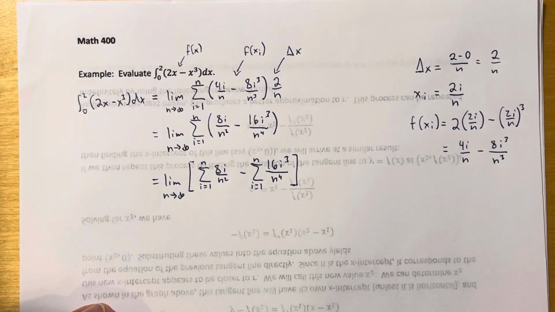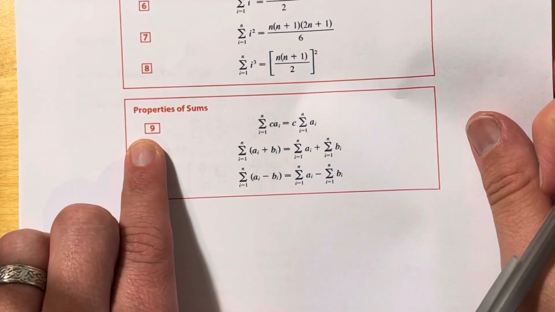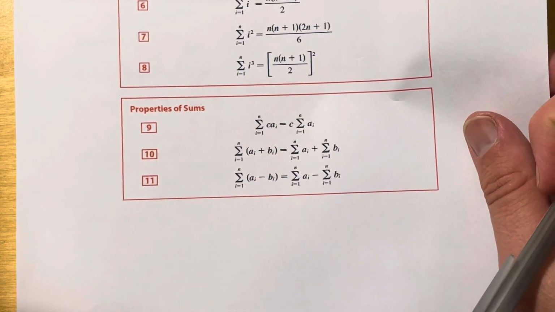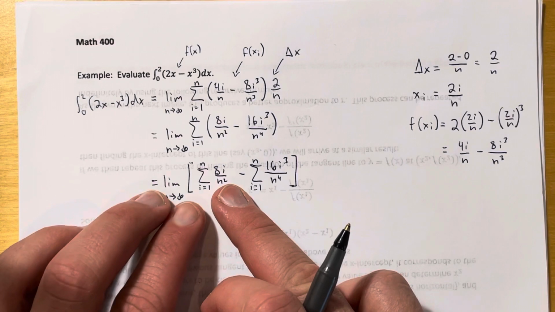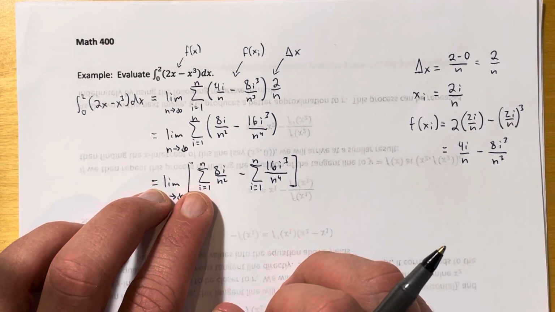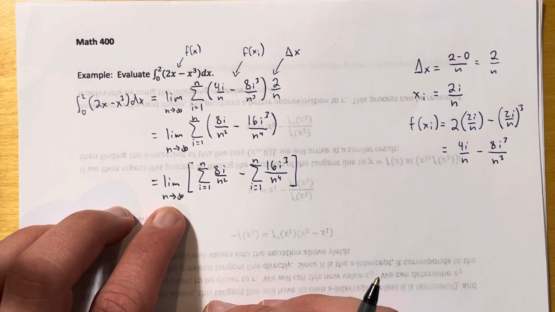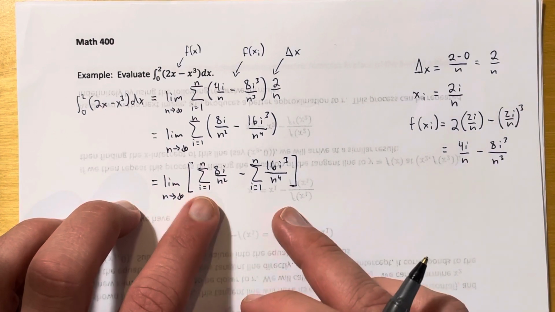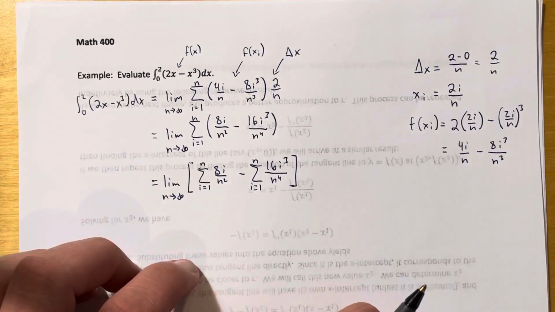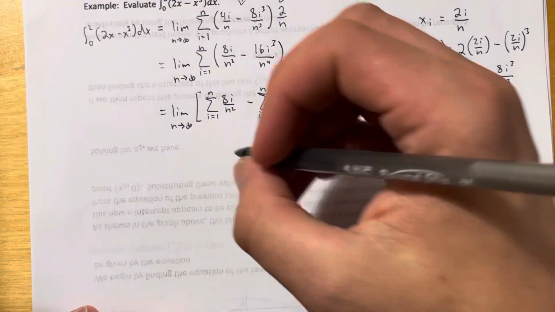Now what I can also do is use this first property of sums, property 9 is what we're calling it here, to pull any constants out of those summation symbols. The n here, as far as the summation is concerned, is a constant. The limit will treat it as a variable because we're allowing n to go to infinity. But for each sum, the only thing that's thought of as a variable is that i.